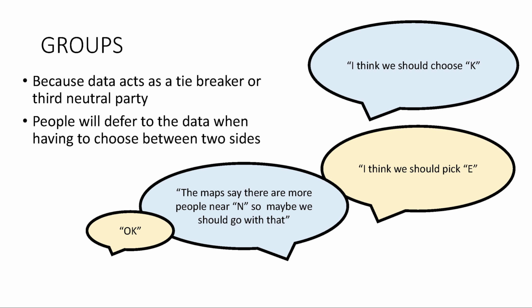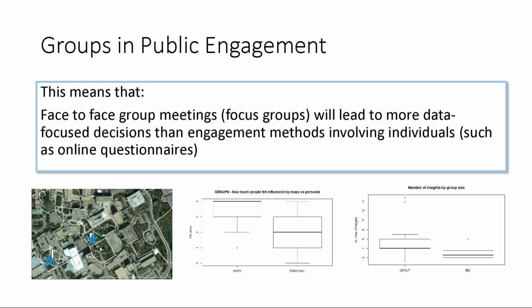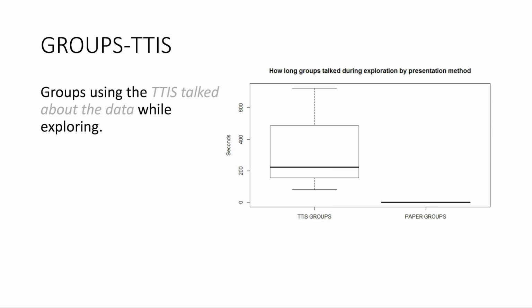And they agree. So they're using the map themselves to come to an agreement. We actually saw this quite often in our study. This means that face-to-face group meetings or focus groups will lead to more data-focused decisions than engagement methods involving individuals, such as online questionnaires.